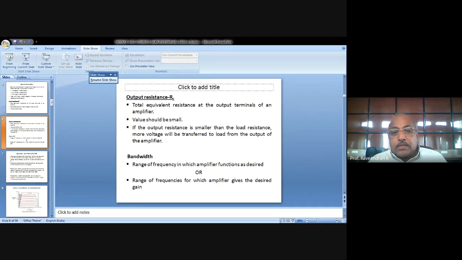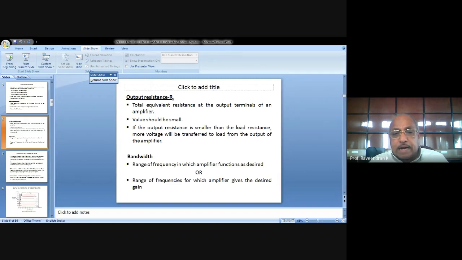So when the transistor amplifies a signal, this amplified signal will be available here, because the same signal will be passing through the emitter also. IC is almost equal to IE.